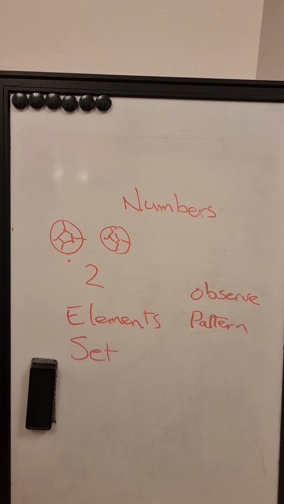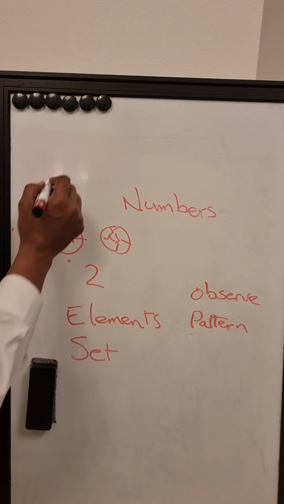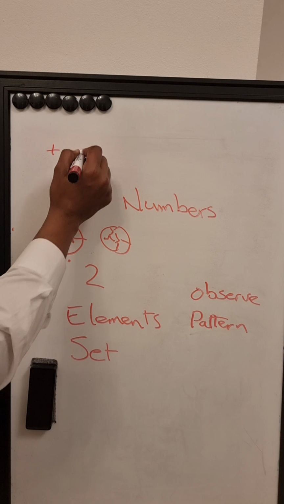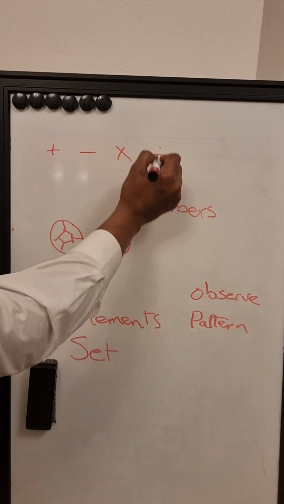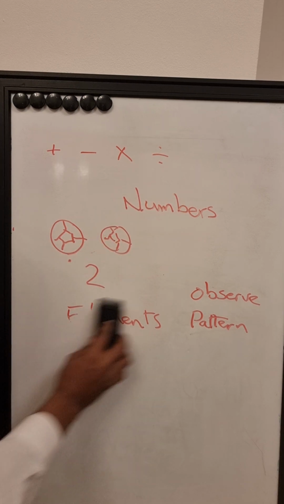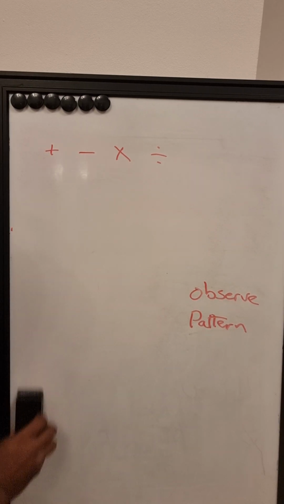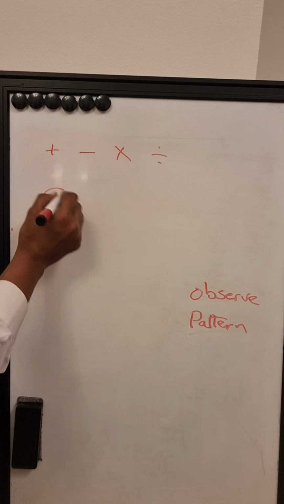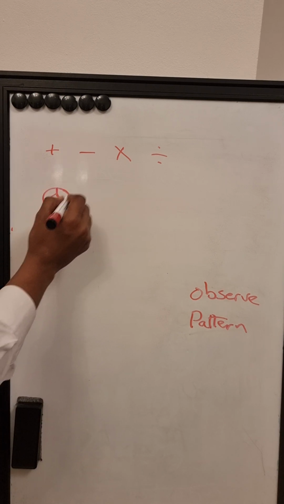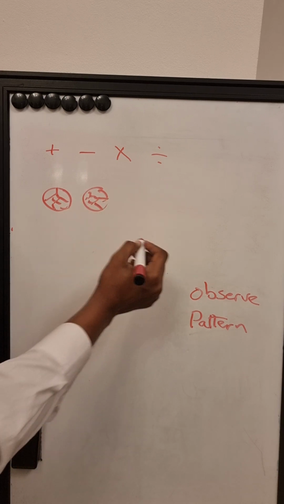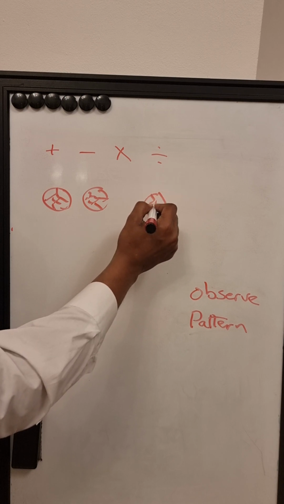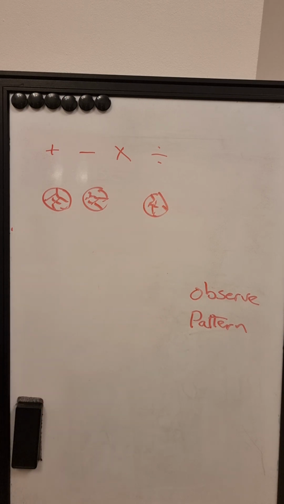How come the main operations of mathematics are 4 operations? We all know them: addition, subtraction, multiplication, and division. So when we have a set of 2 balls, and we have another set of 1 ball, and we put them together in one set, what do we get?